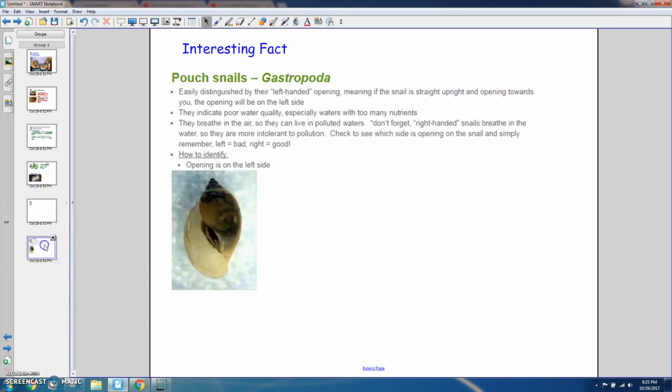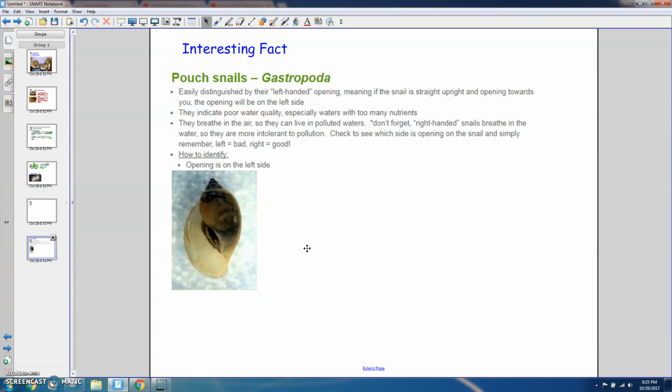And just to conclude this lesson, I want to talk to you guys about snails that are very abundant around here, in particular pouch snails. So if you were ever to go into a stream and maybe collect some specimen from the stream with a net, you may come across a snail. And one of the very common types of snails that we have here in our streams is the pouch snail.